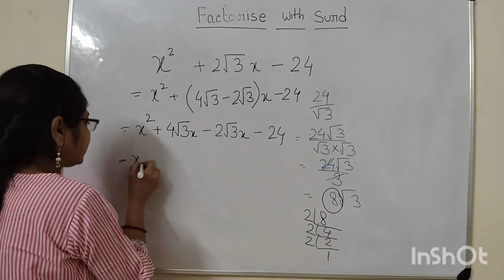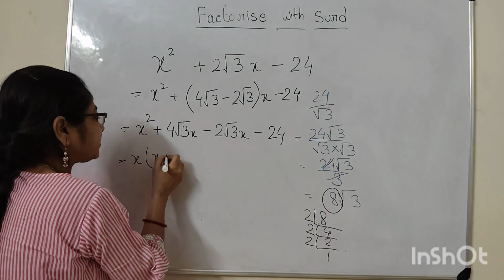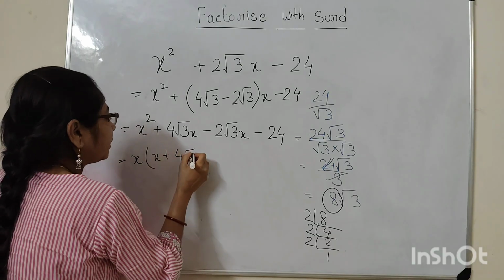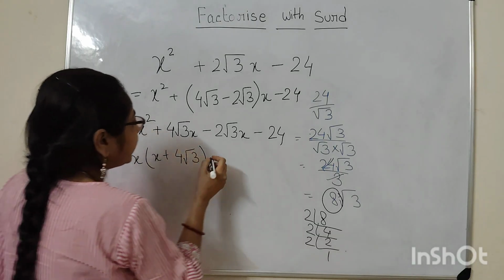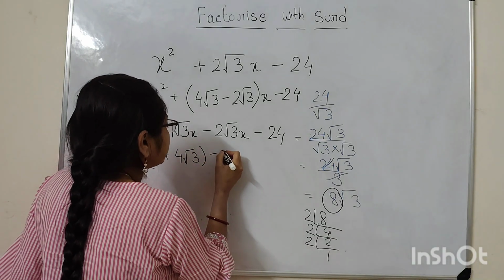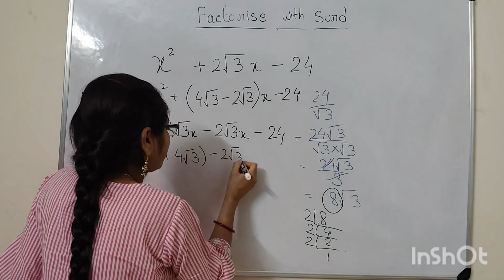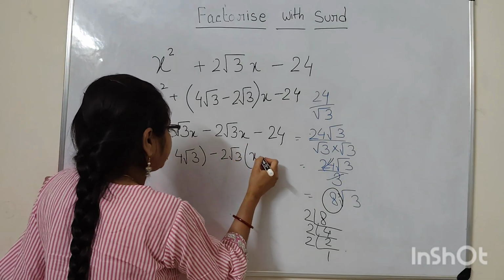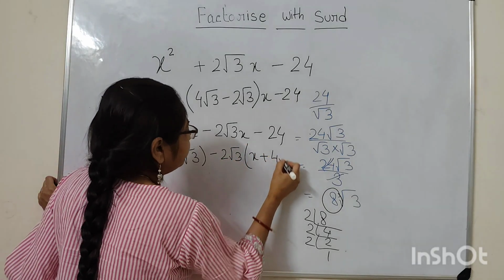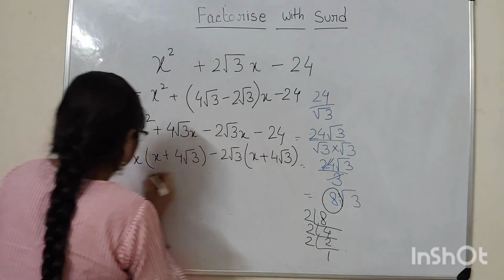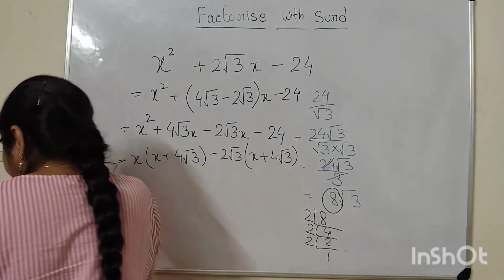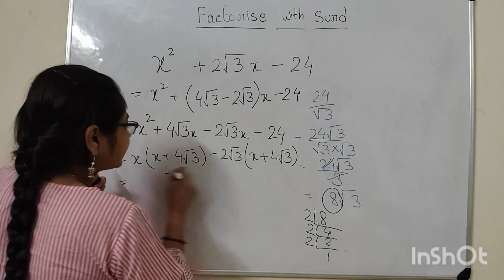After that what do you take? You take x. Okay? Then x plus 4 root 3. And then you take minus 2 root 3. What happens? X plus 4 root 3. Okay? Then both are the same. Both factor parts are the same.